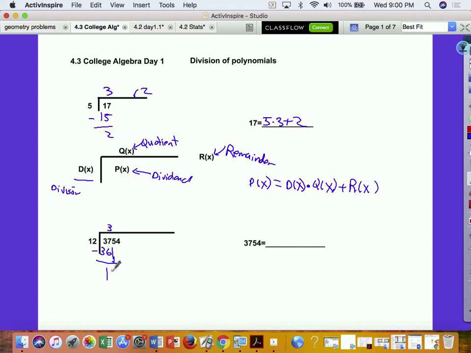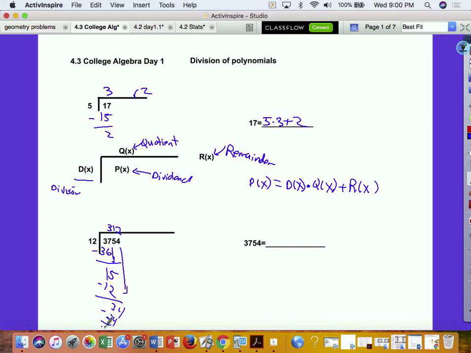Bring the 5 down and begin again. So 12 goes into 15 once. The 1 times the entire divisor. And then again, we switch this from a 12 to a negative 12, and we add. And then 12 divides into 34 about 2 times.